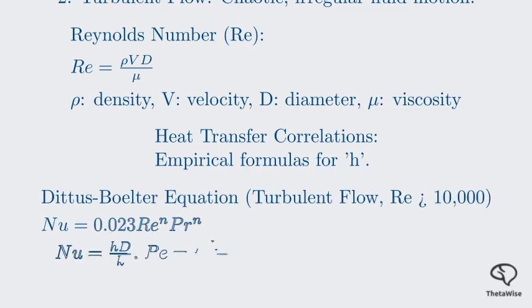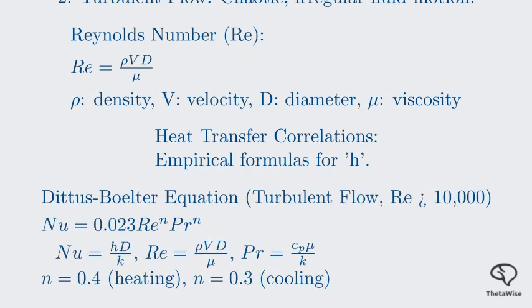The Dittus-Boelter equation relates the Nusselt number, another dimensionless group containing H, to the Reynolds number, the Prandtl number, and an exponent n. The exponent n is 0.4 for heating the fluid and 0.3 for cooling the fluid. The Prandtl number, Pr, is another dimensionless group that relates the fluid's momentum diffusivity to its thermal diffusivity.